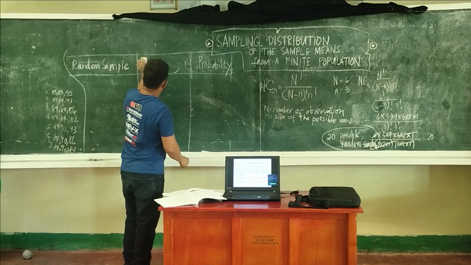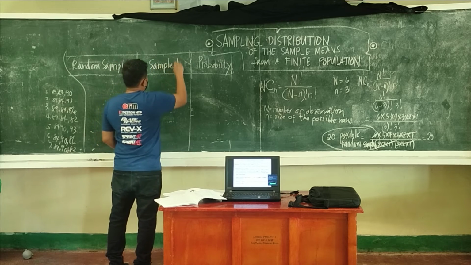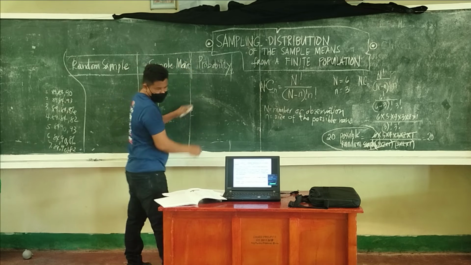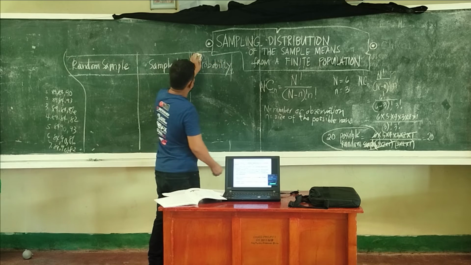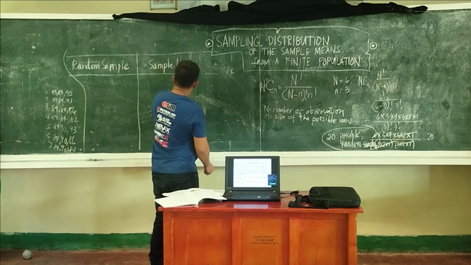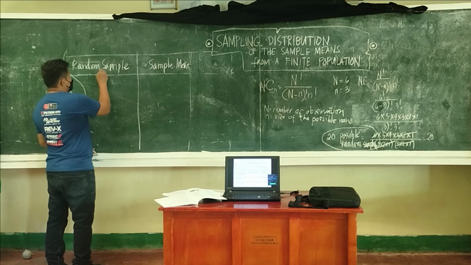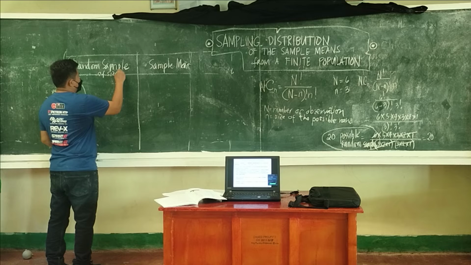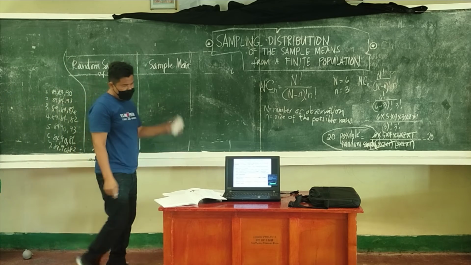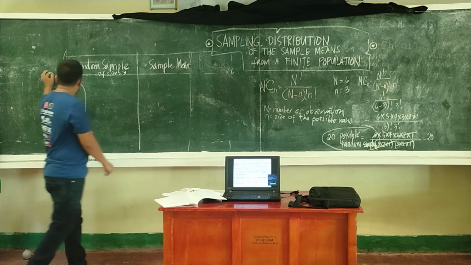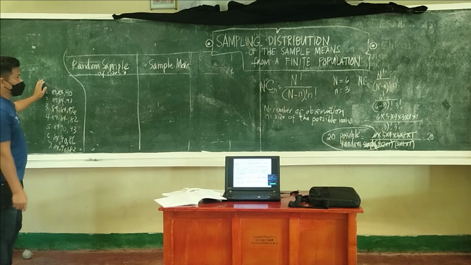Next, we have here the sample mean. This is what we're going to do first. First, we are going to get the random sample of size 3. So we have here the given. Then we will get the sample mean. All the possible random samples will be written here.